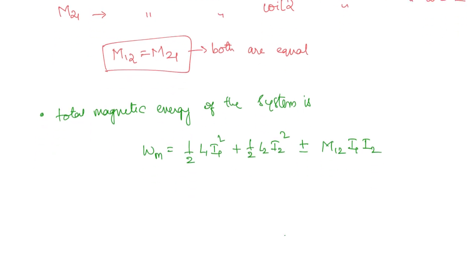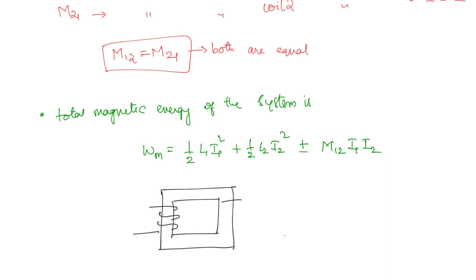Okay, so you will be able to understand this better if we take a transformer core like this. Okay, here there is one coil and here there is a second coil. Okay, now let us say the current that is flowing through this is I1. Now if you apply the right hand rule here, then what will be the flux direction? The flux direction is going to be in this sense. Okay, now you can see this is the flux that is linking the second coil.